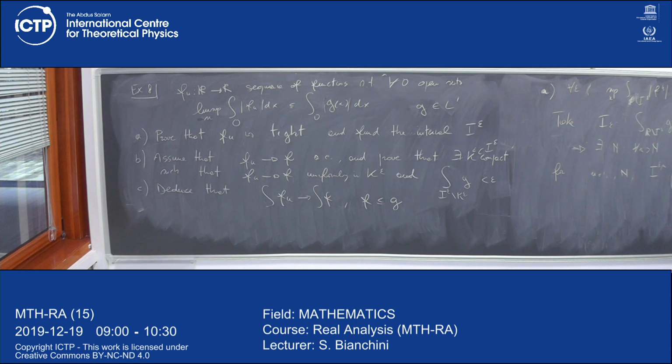And then you take the union. So I epsilon is the union of I epsilon n and I epsilon G. That's it. Right. So now let's do that.